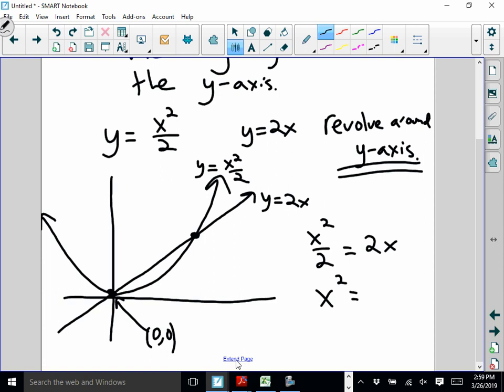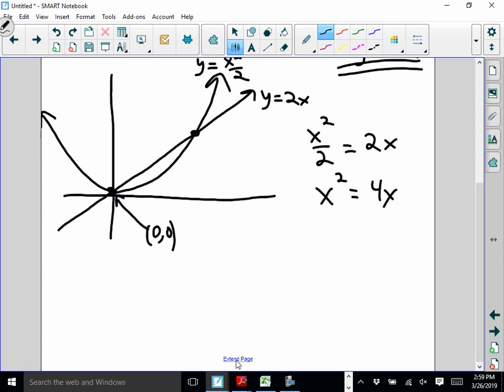To solve this, it's a quadratic, so I want to set it equal to 0. X squared minus 4x equals 0. Simple factoring out of the x clearly shows us that our two x coordinates of intersection are x equals 0 and x equals 4.